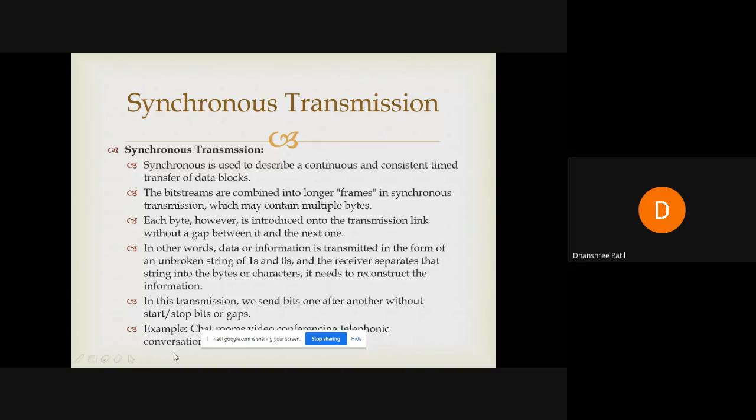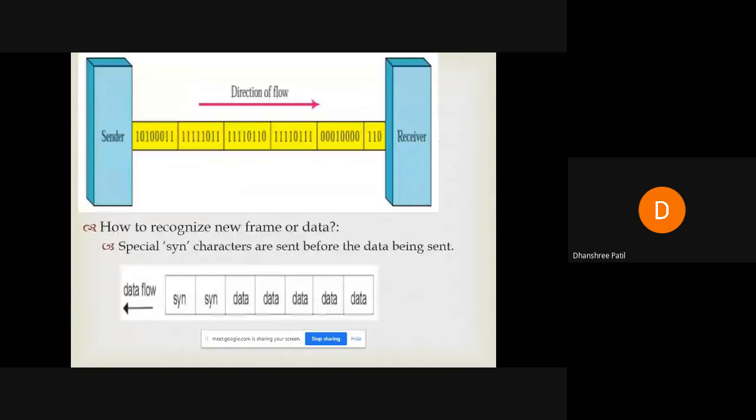Telephonic conversation is an example of synchronous transmission, not asynchronous. Also this video lecture, or online games, is synchronous transmission. So these are the two types of transmission, synchronous and asynchronous.